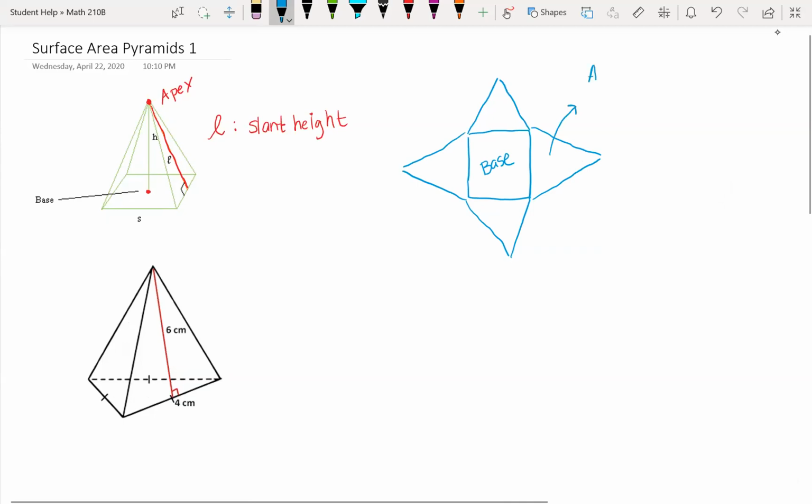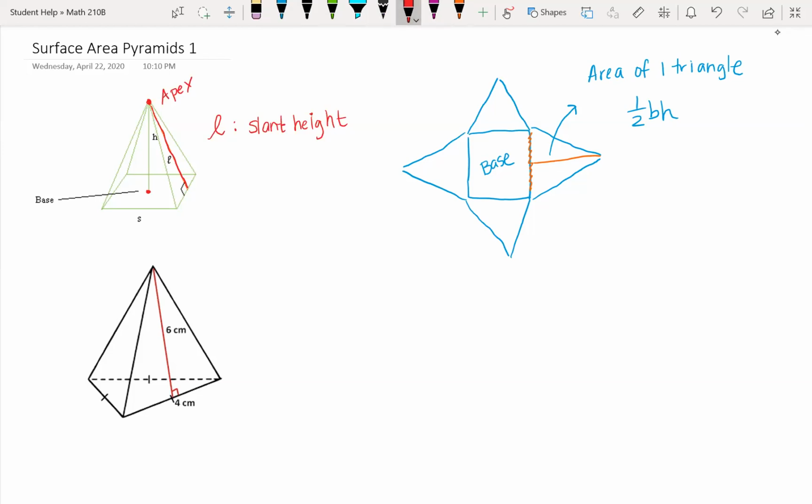And the area of one triangle is 1/2 little b for the base, or the base meaning this side here, right? Times the height. The height in this case is this. But in the way that we've drawn the pyramid, the base is actually the length of one of the sides.